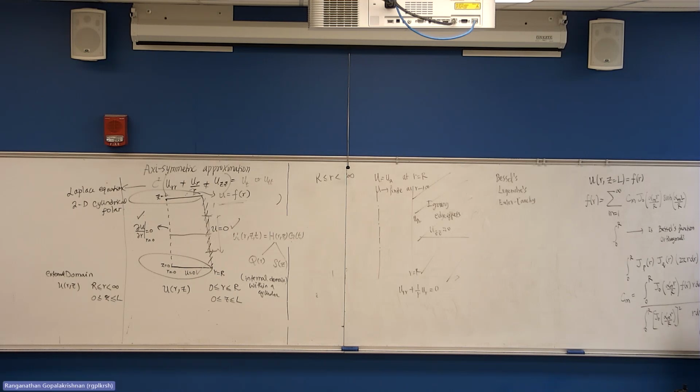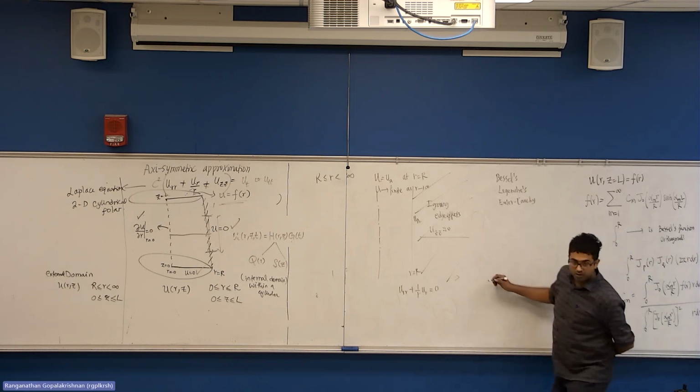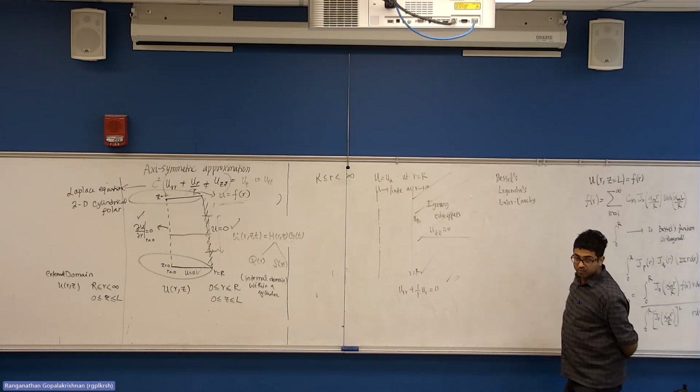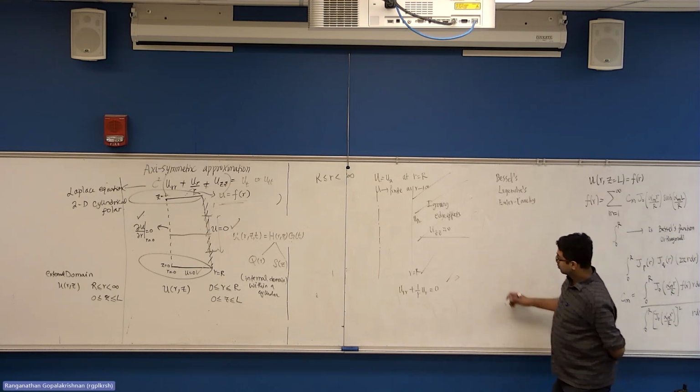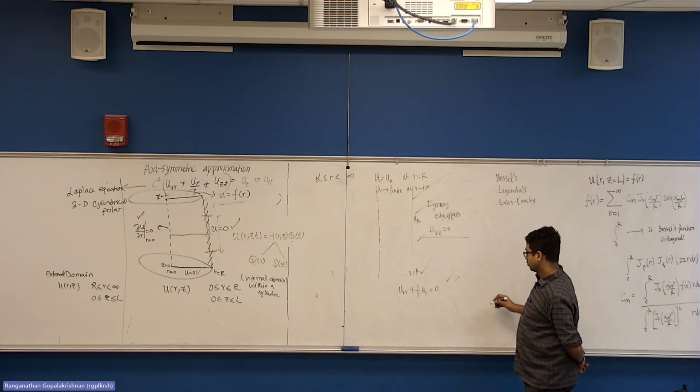Sorry? You want to do what, sorry? We can write it as the second derivative of u plus 1 over r times the derivative of u equal to 0.